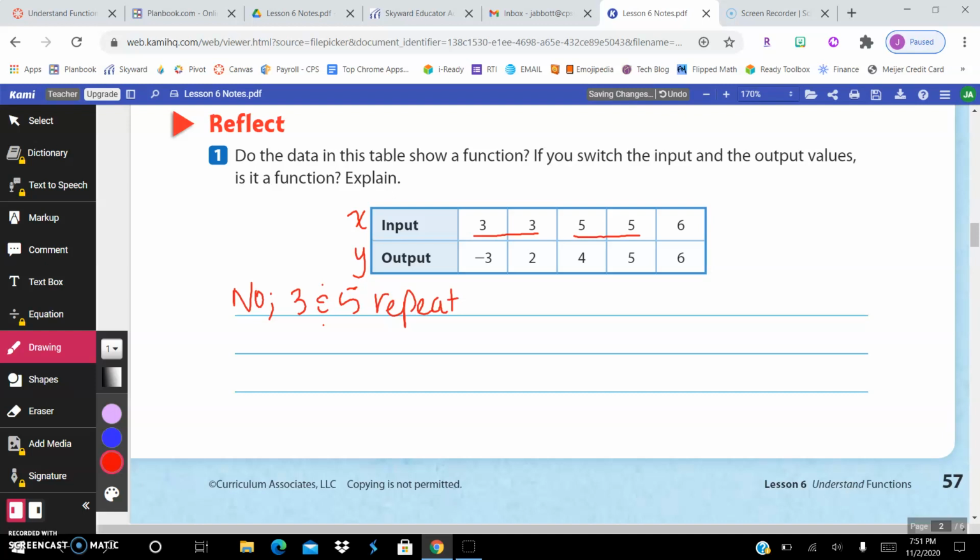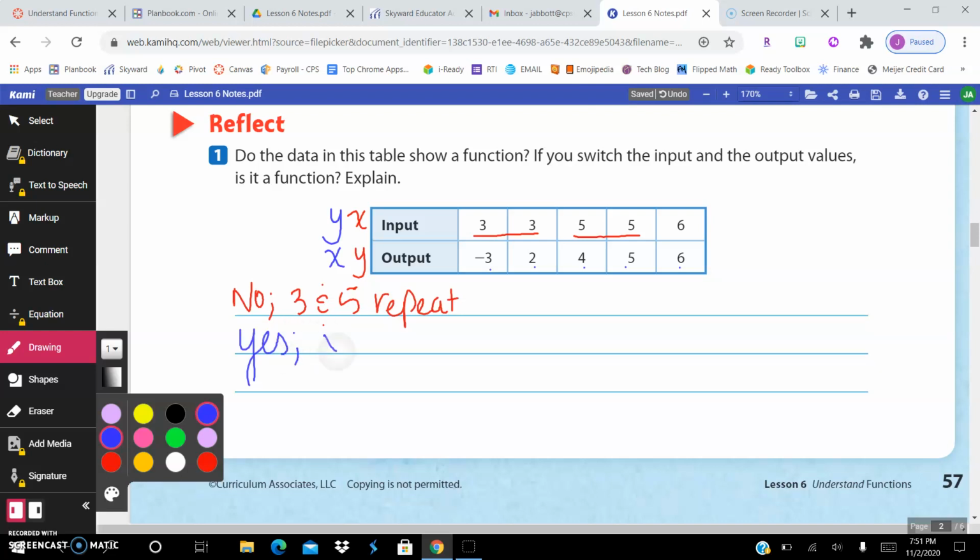If you switch the input and the output values, is it a function? So now they're saying that the output is really the input and the input's really the output. Well, we have -3, 2, 4, 5, and 6. Nothing repeats now for the x column. So yes, that is a function, and our explanation is x values don't repeat.